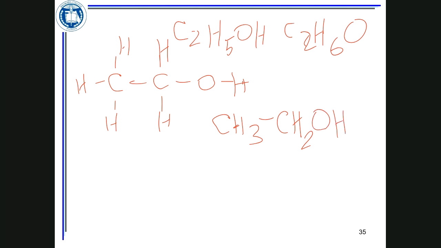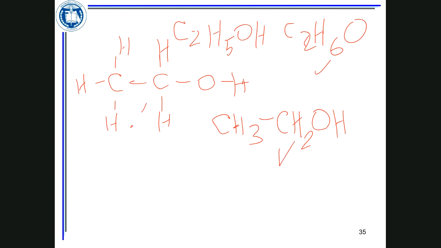So that's condensed structural formula. Often they don't even have to use this dash line here. They don't have to show the bond between carbon and carbon, but you could show the carbon-carbon bond, but you are not showing the carbon-hydrogen bond, and it is condensed. So we have molecular formula, structural formula, and condensed structural formula.